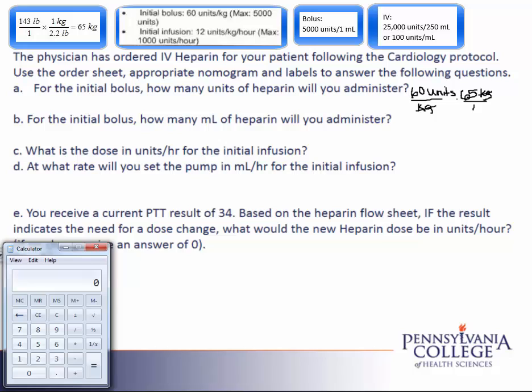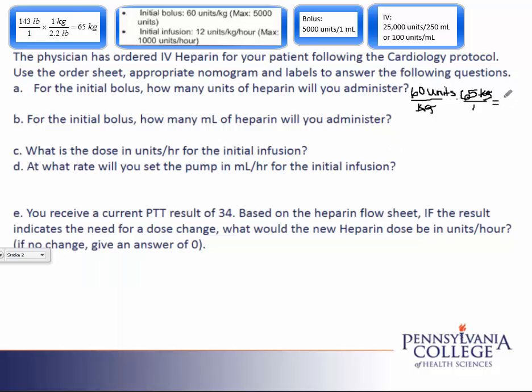Using my calculator, I have 60 times 65 for a total of 3,900 units. This will be appropriate because it's below the maximum of 5,000. So I'll plan to give my patient 3,900 units.